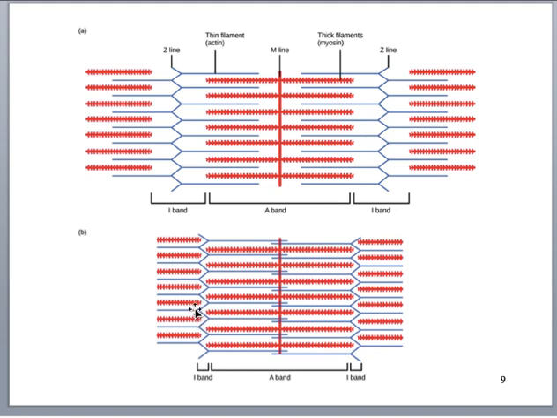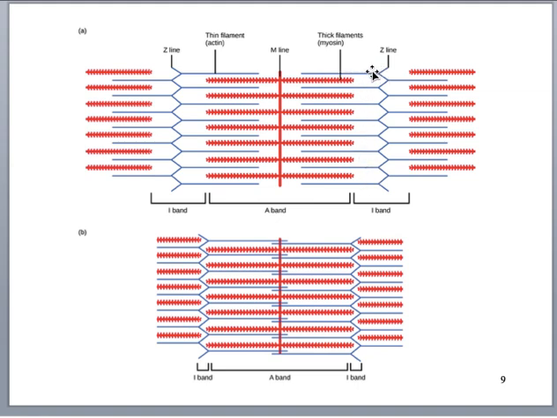So what happens is when a skeletal muscle cell contracts, those individual sarcomeres, these functional units, contract. It's not that the filaments, actin and myosin, get shorter. They don't. They stay the same length.